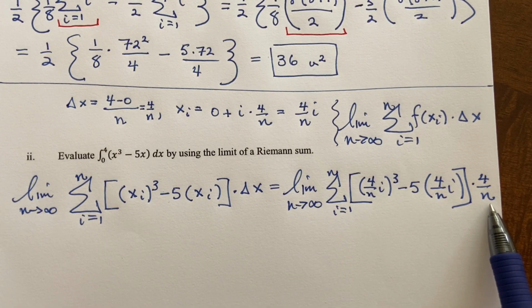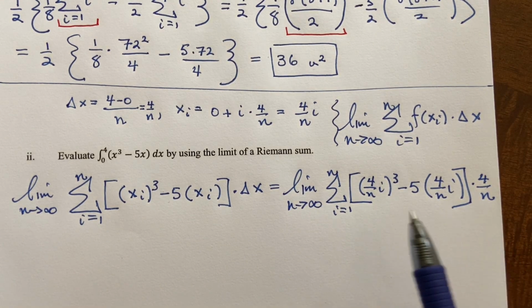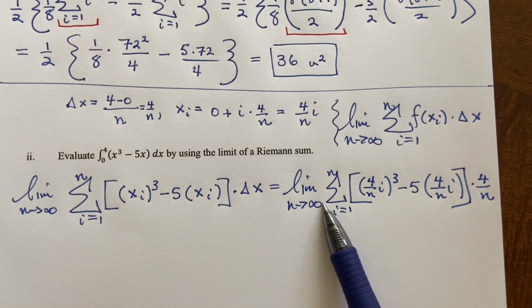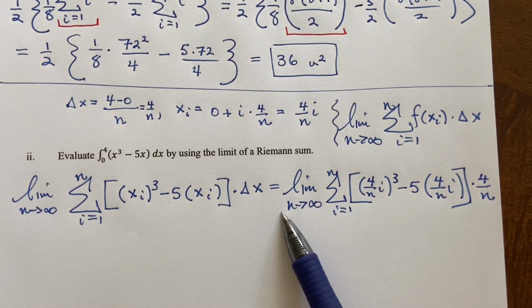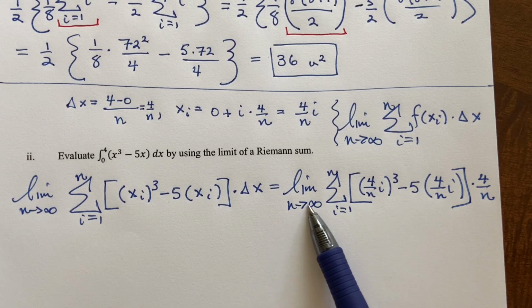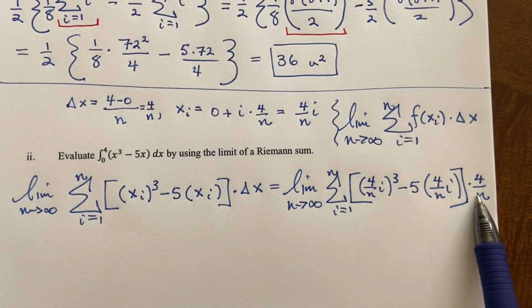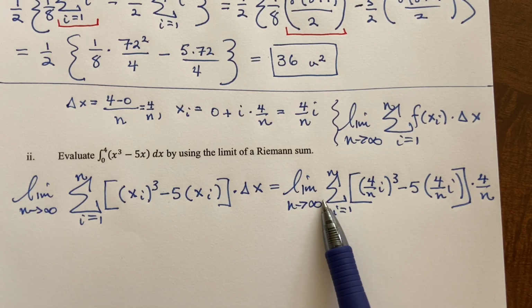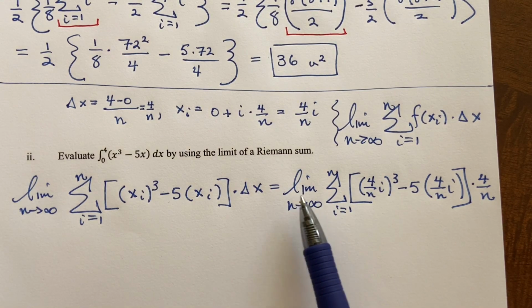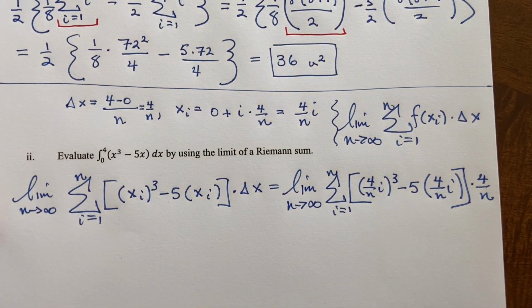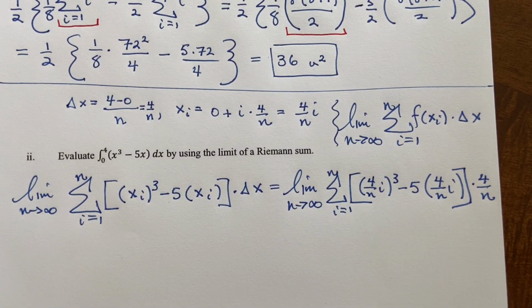Anything that does not explicitly depend on i, though, can come out in front of the sum, but it can't leave the limit until the n's get evaluated, and the n's actually need to go towards infinity. So 4 over n I can bring right here, but I can't bring it out front of the limit because it depends on n. So I'll go ahead and do some of that type of thing.